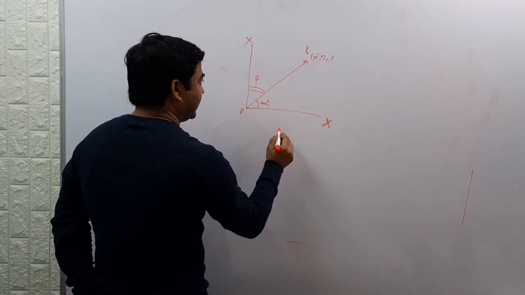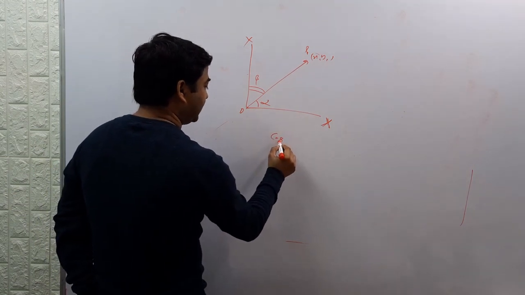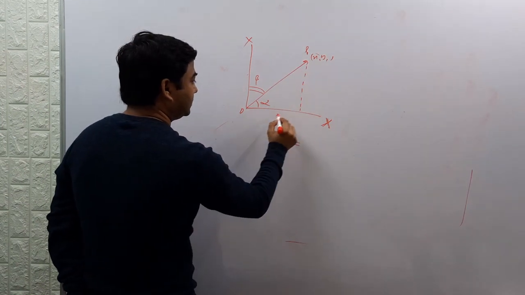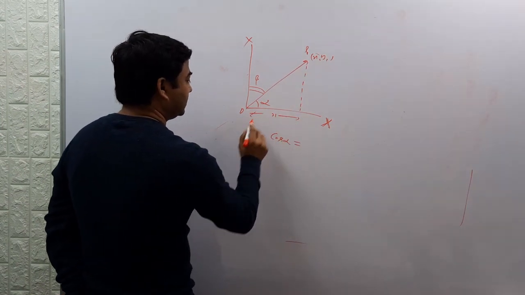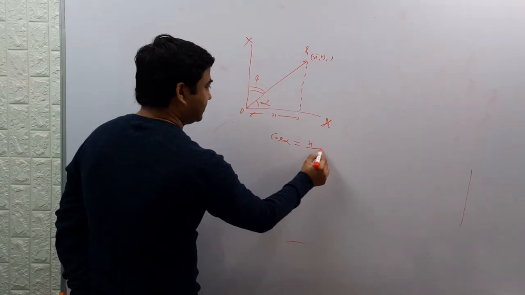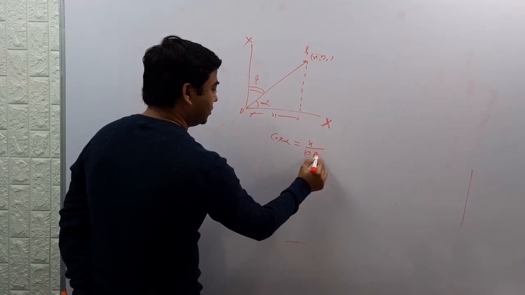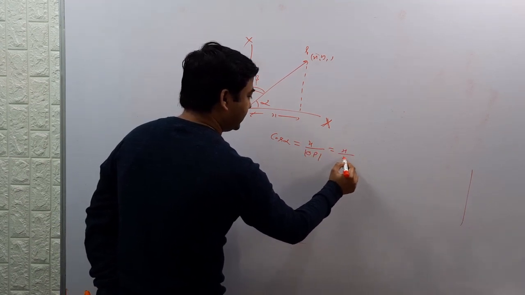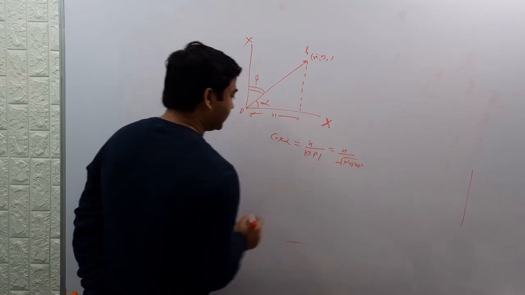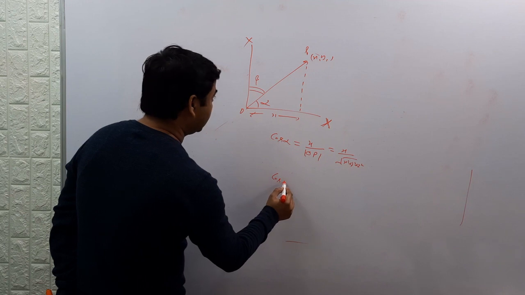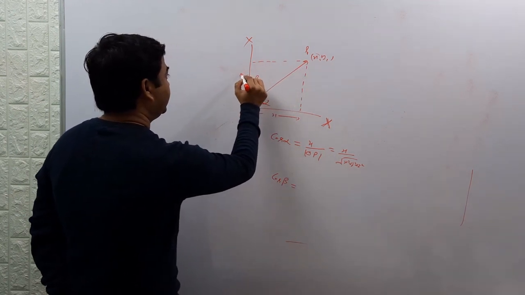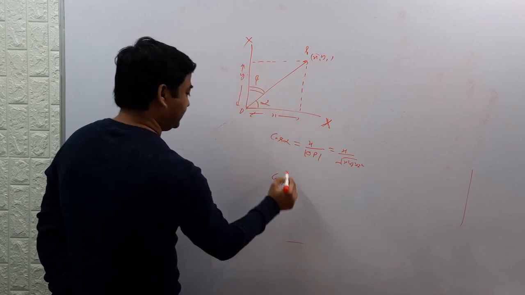So for this vector, we know cos alpha is equal to, as per the definition, this distance is x. Cos alpha is equal to x by mod OP. Mod of OP is equal to under root of x square plus y square. Similarly, cos beta will be, you see this perpendicular, this distance is y.